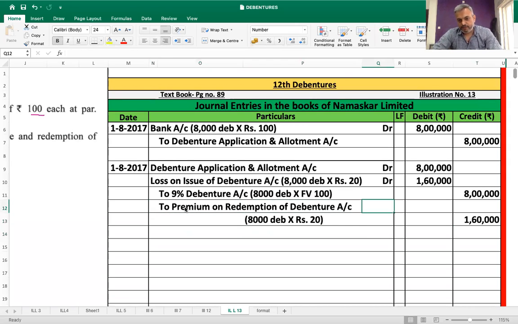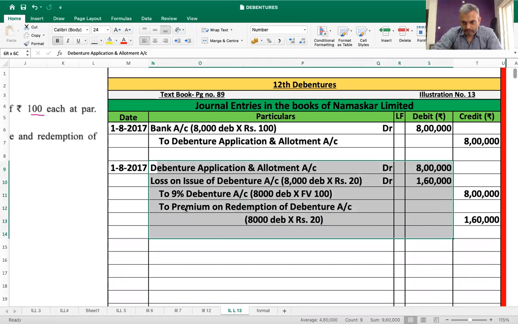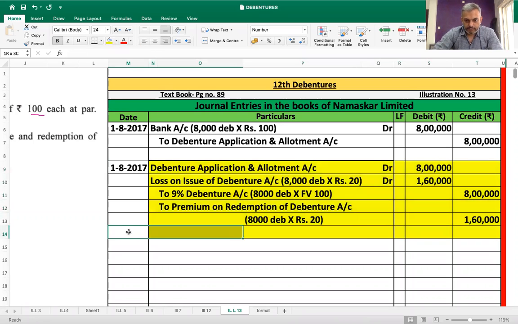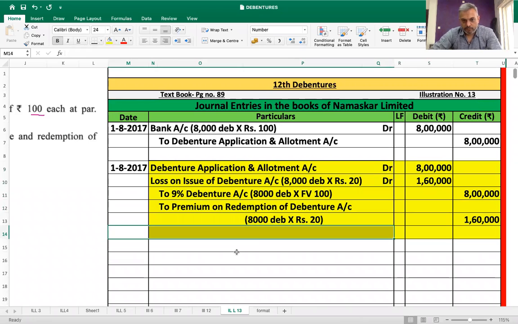This premium on redemption of debenture, it is a liability account. Okay, you can write right now by putting a dash, liability, so you know this credit of premium on redemption is not our income, it's our liability. So this is a very important entry. I will highlight it and close it. So this is the entry at the time of issue.